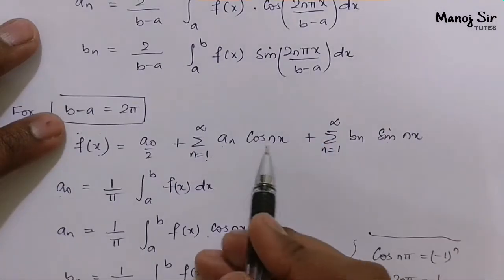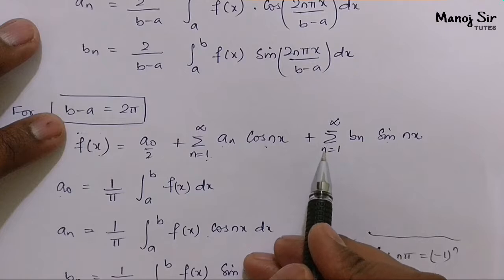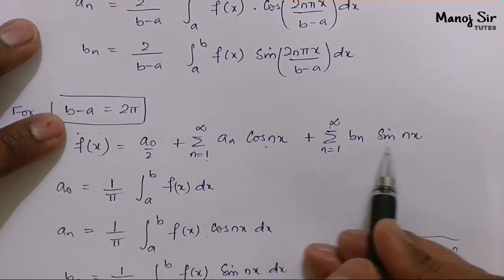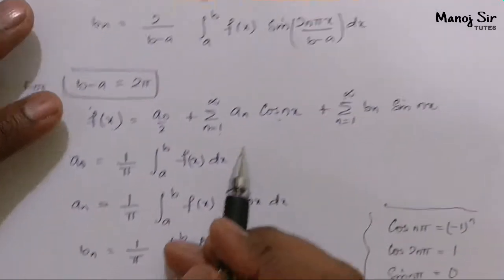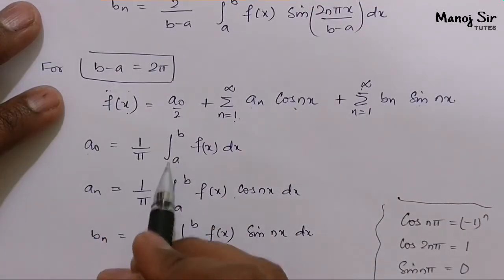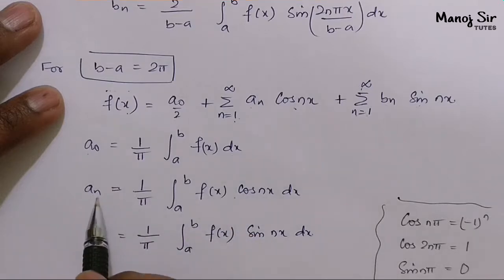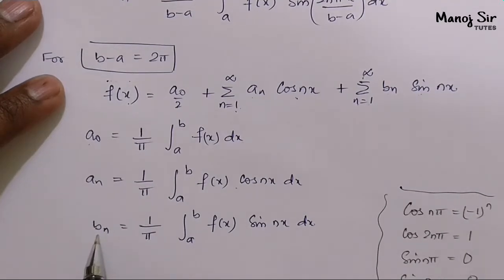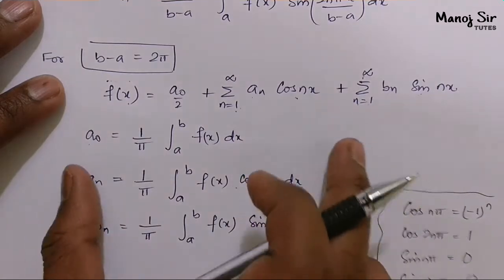Here a naught equals 1 upon pi integration a to b f of x dx, a n equals 1 upon pi integration a to b f of x cos nx dx, b n equals 1 upon pi integration a to b f of x sin nx dx. So we are going to use this formula.